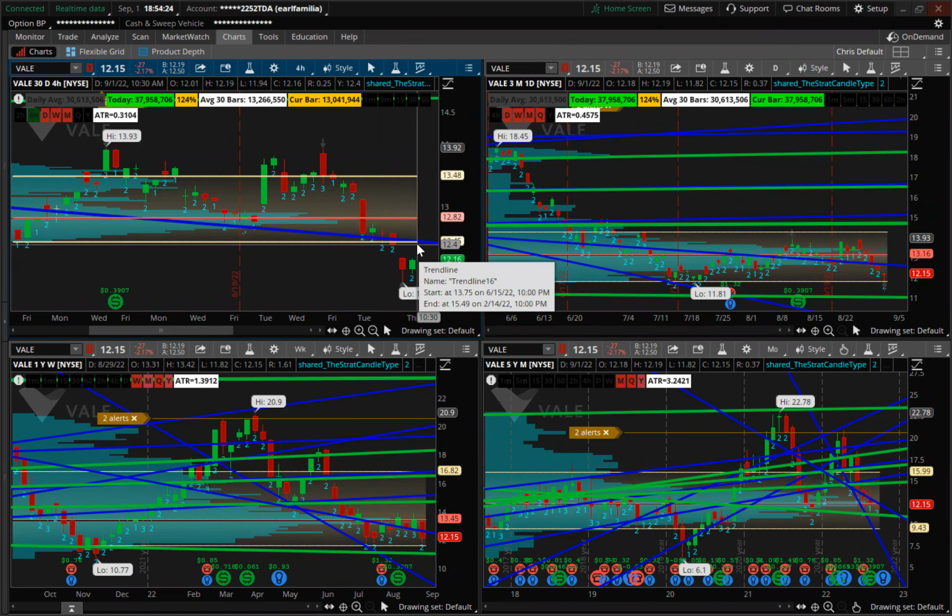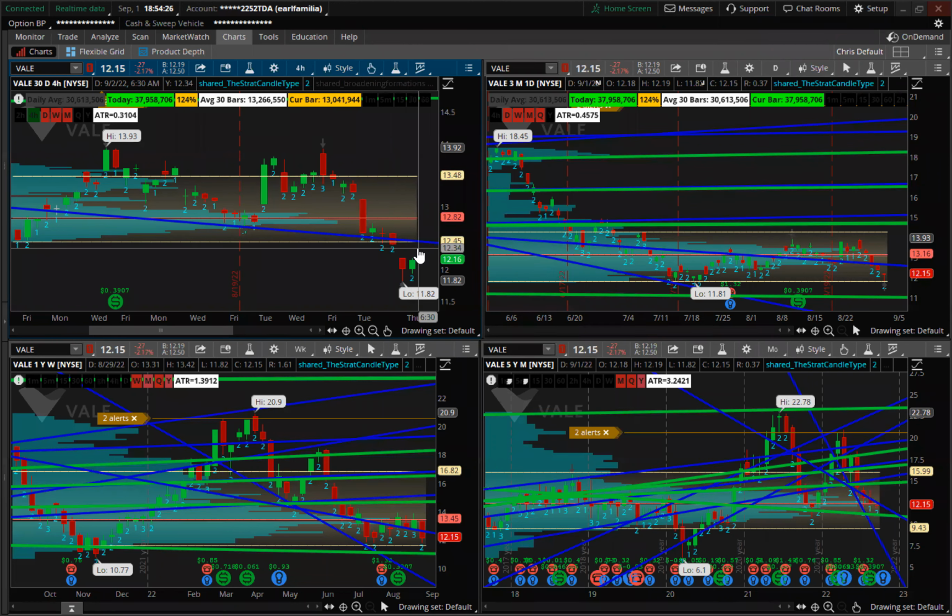And that's where I see the gap fill level, there's going to be a broadening formation just above his head, so I look at it from the standpoint where it'll go fill the gap and then probably get rejected from there. Kind of how I'm looking at it.